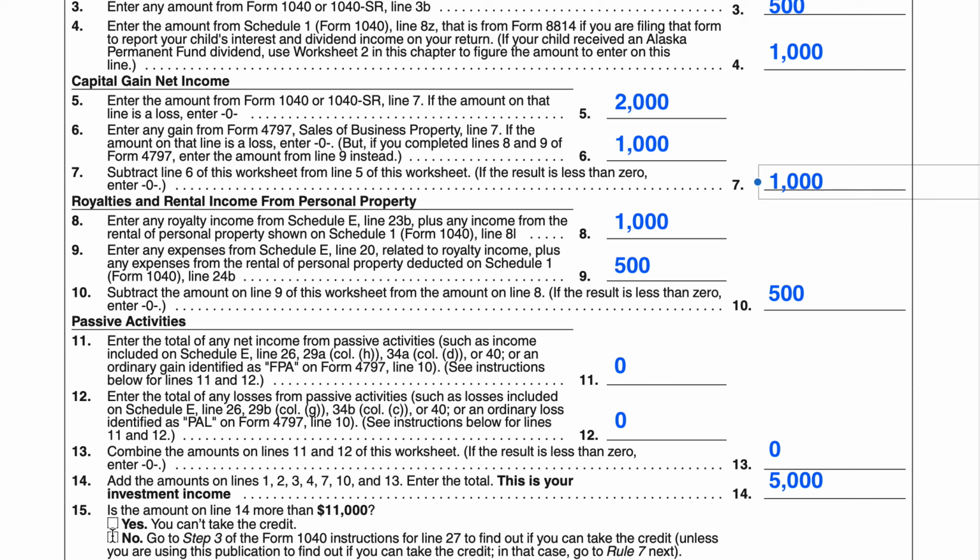You would go to Rule 7. So that is it in a nutshell for using IRS Publication 596, Worksheet 1, to calculate your total investment income for earned income credit eligibility purposes.